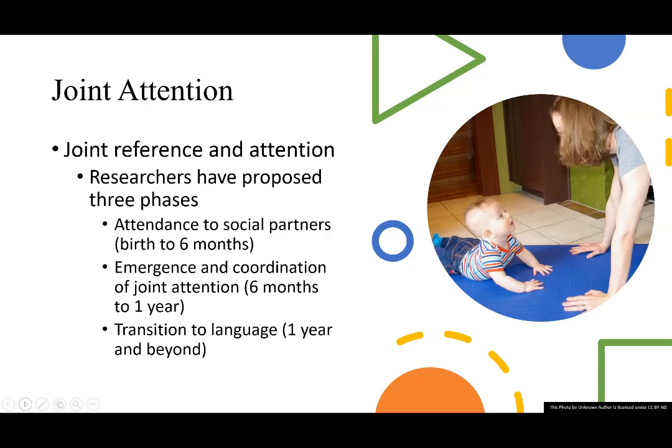And they continue to do this and really start to engage in both initiating joint attention and responding to joint attention by looking at the eye line of their interactional partner and things like that.